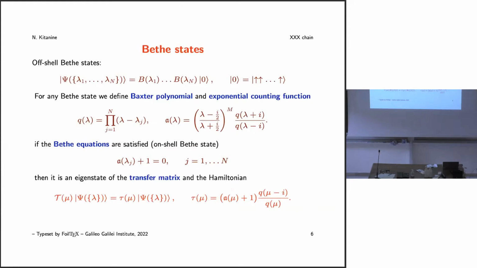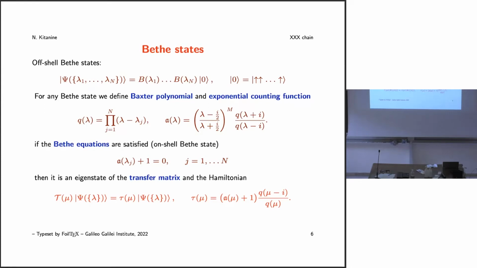And in terms of these parameters, you can introduce two functions. One of these is the Baxter polynomial, which is just the polynomial with roots in these points, and a little bit more complicated object, which is written in terms of this Baxter polynomial, which I usually call the exponential counting function.